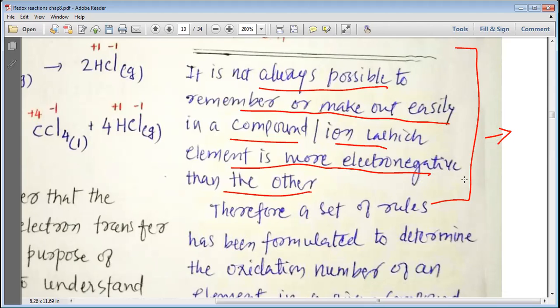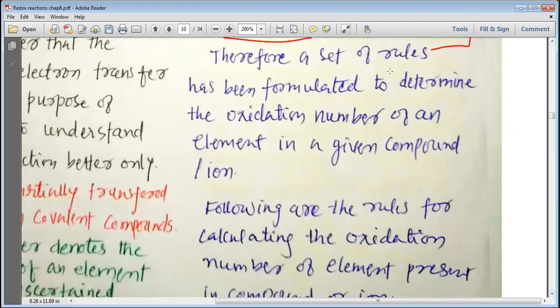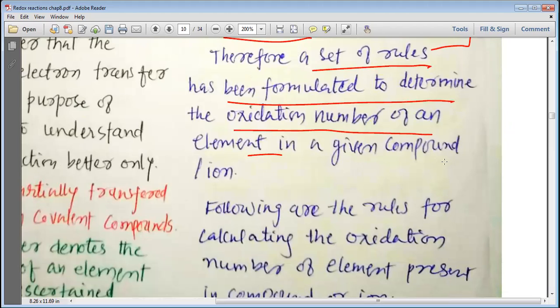We have different elements and they have different electronegativity, and we ourselves cannot remember all of them. And for that, what do we need to do? Therefore, a set of rules has been formulated to determine the oxidation number of an element in a given compound or in a given ion.